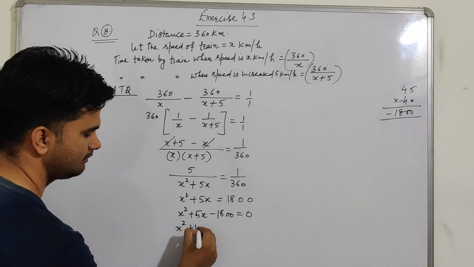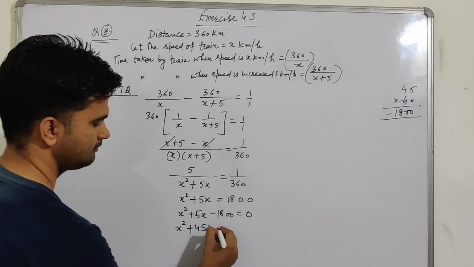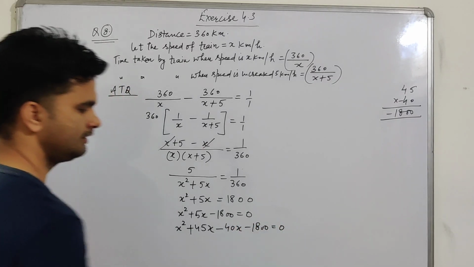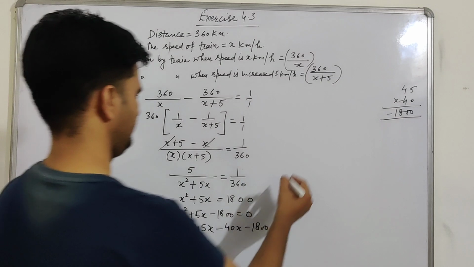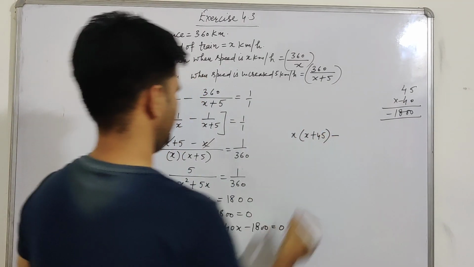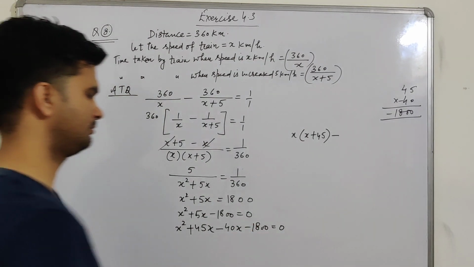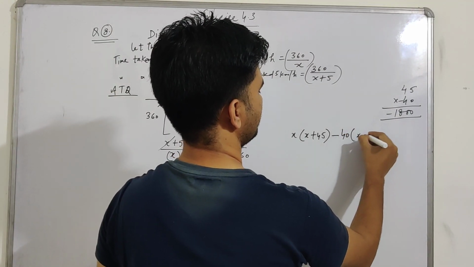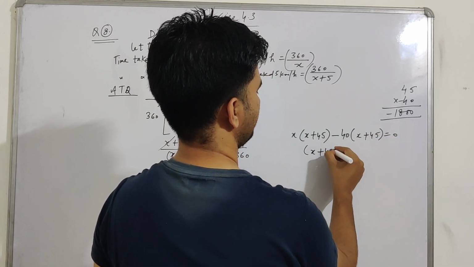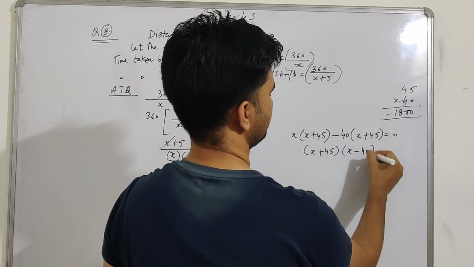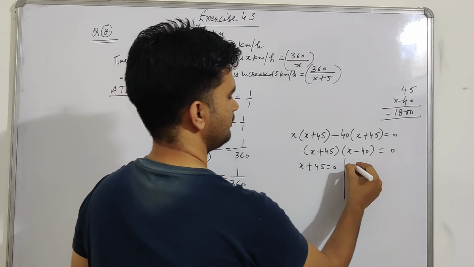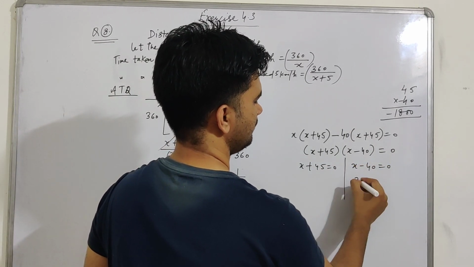So we can split this middle term by writing x square plus 45x minus 40x minus 1800 is equal to 0. Common between the first two terms is x, common between the last two terms is minus 40. So (x plus 45) and (x minus 40) is equal to 0. Either x plus 45 is equal to 0 or x minus 40 is equal to 0.